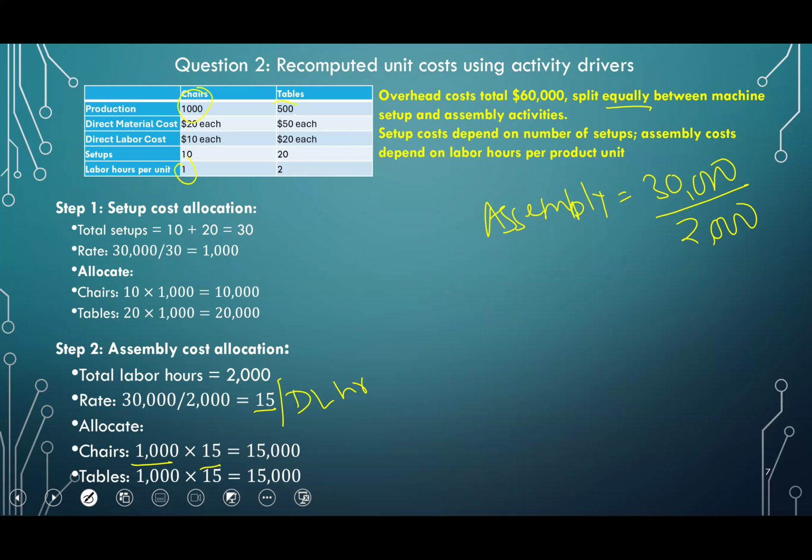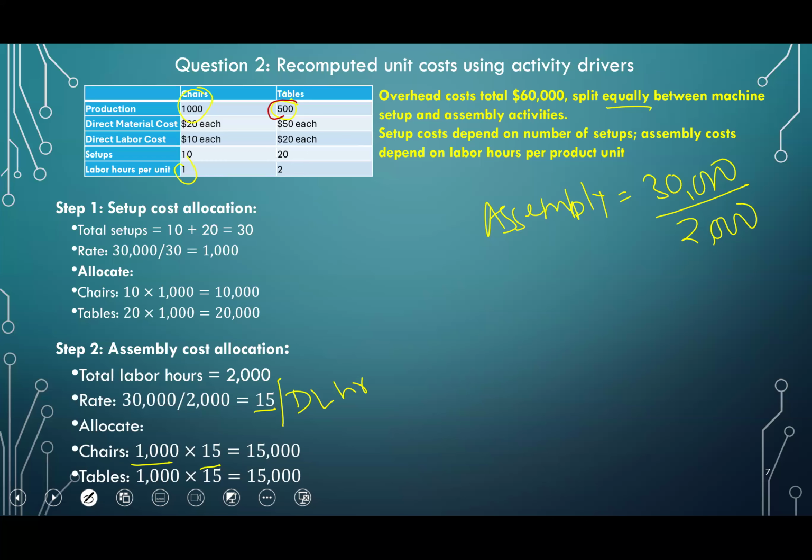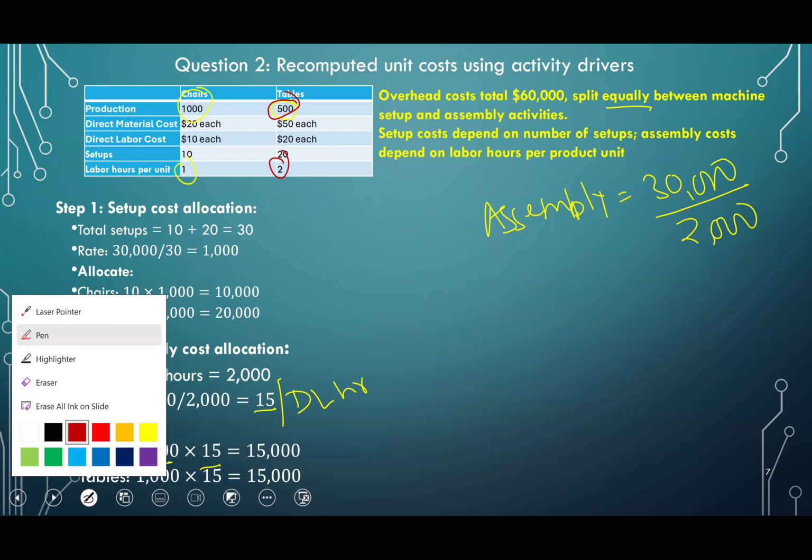Recall, 1000 hours came from 500 tables multiplied by 2 hours per table, which gave me 1000 total hours used by tables. Okay. So 1000 hours at the rate of $15 gives me $15,000 allocated to tables.